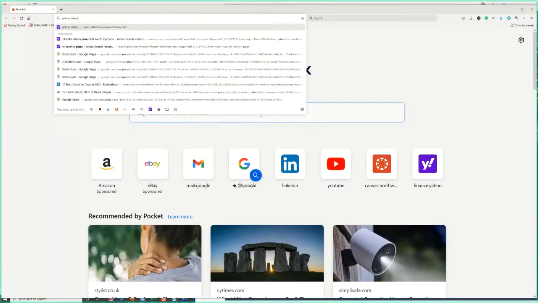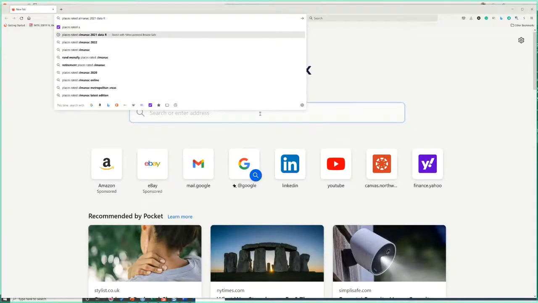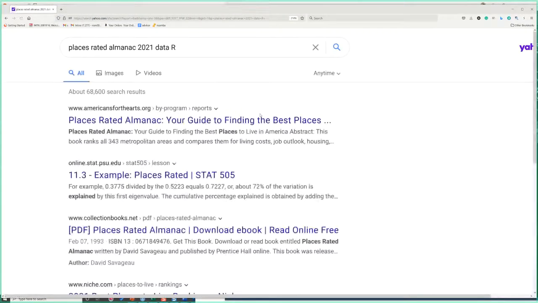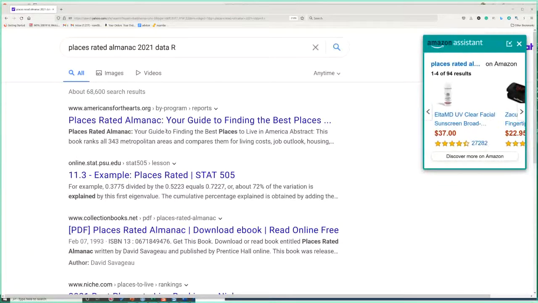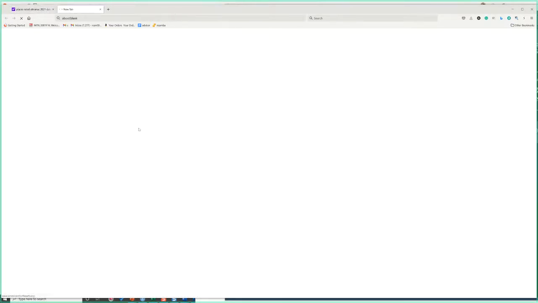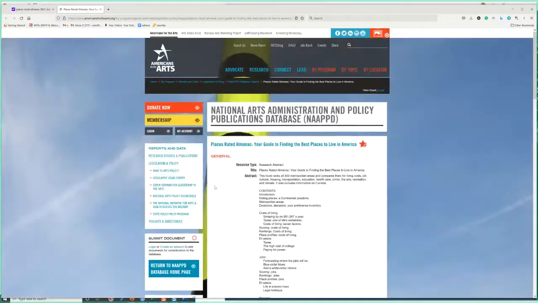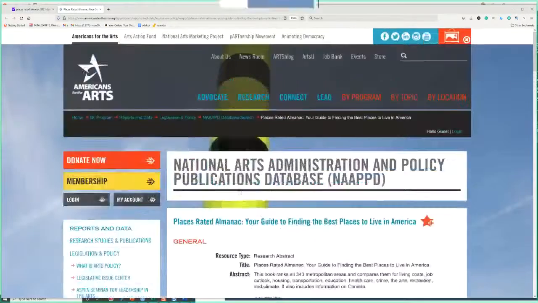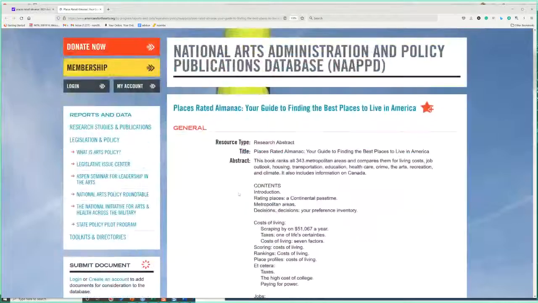Places Rated Almanac. You see this one, 2021? This is 2021. Americans for the Arts, they also have this data. So here is the data. National Arts Administration.